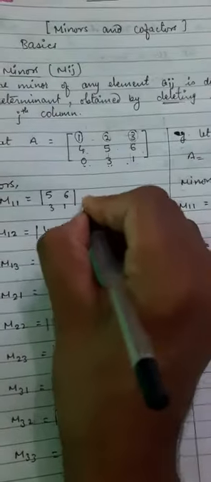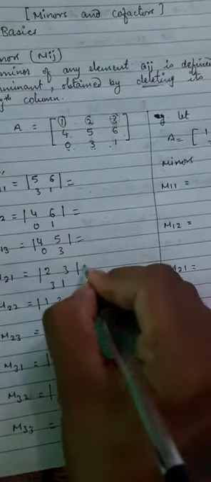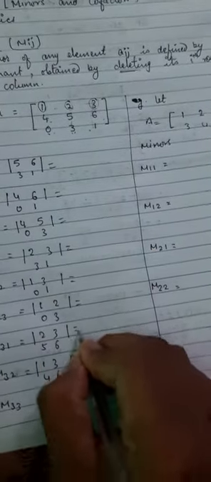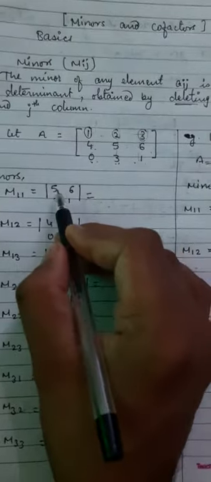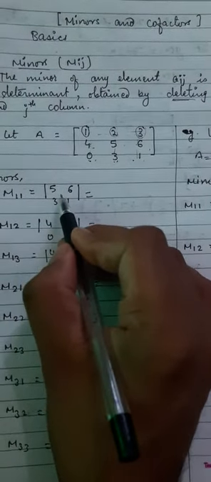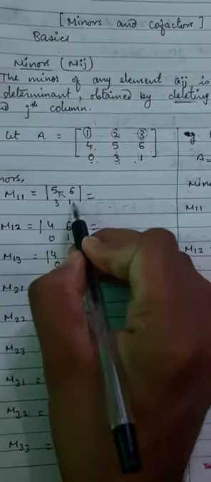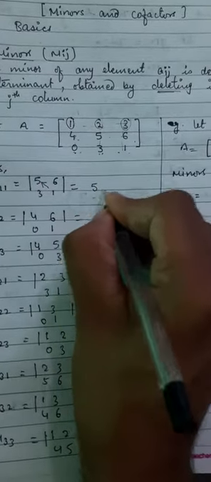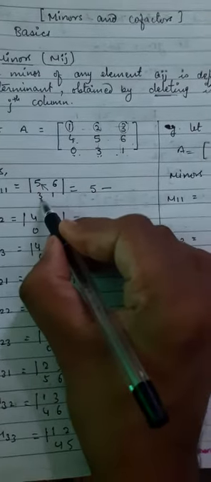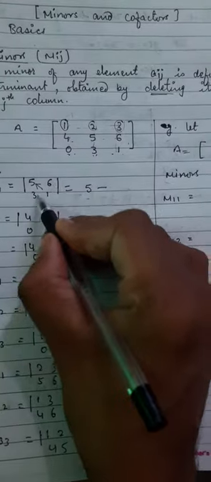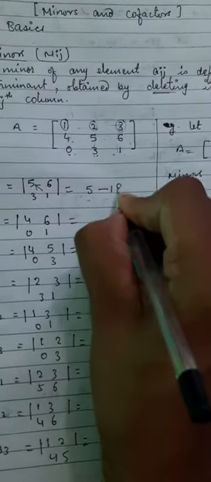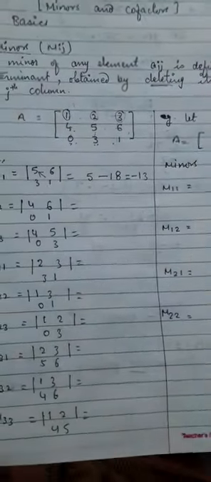Now we have to find their values. We know how to find them. It is a 2 by 2 determinant, so we will expand it. Firstly we cross multiply on the left side: 5 times 1 is 5. Now subtract the product of the right hand side terms: 6 times 3 is 18. So 5 minus 18.